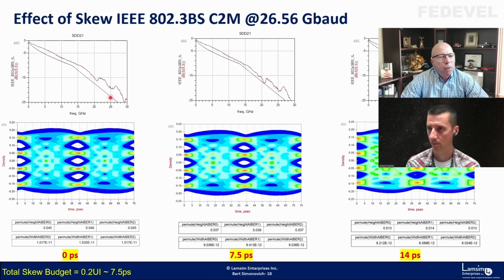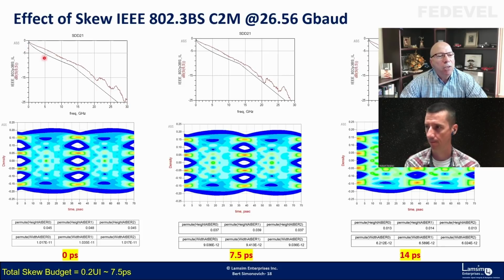So in this example, following the IEEE spec, that's the black line. The red line is our insertion loss channel. We're above the spec, so we're okay, and we got an open eye at the other end. This is for 14 gigahertz, but this is the whole channel up to 30 gigahertz.